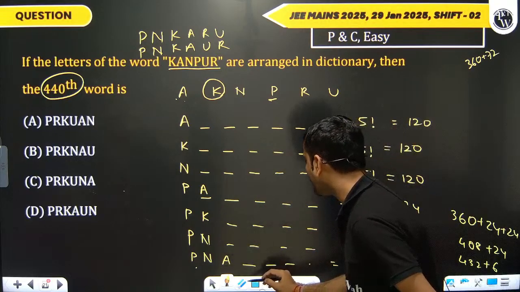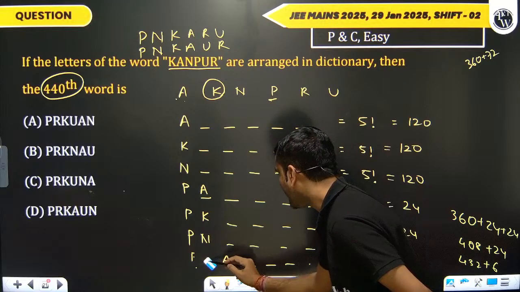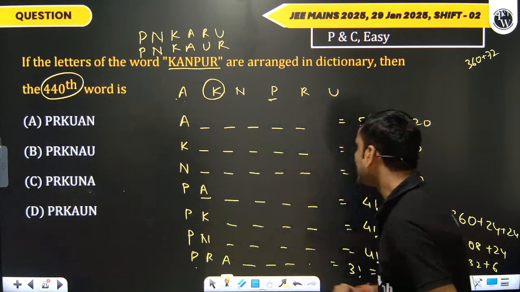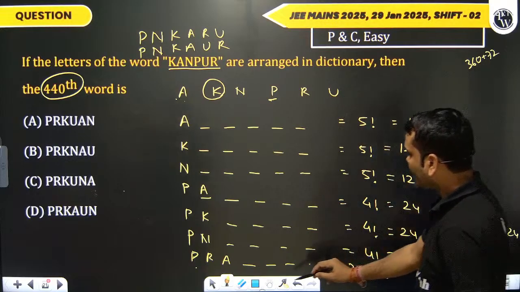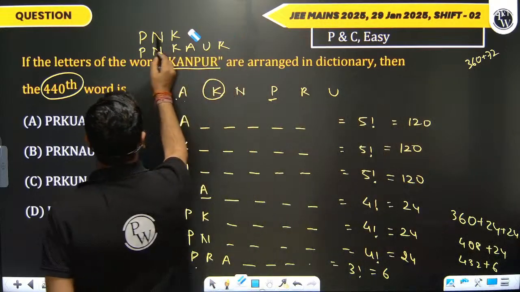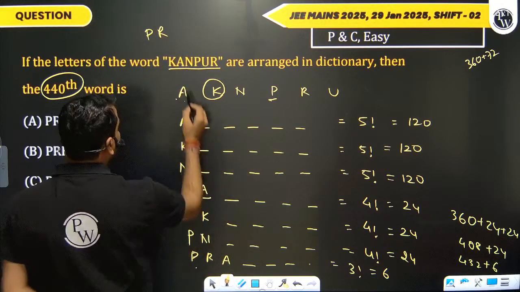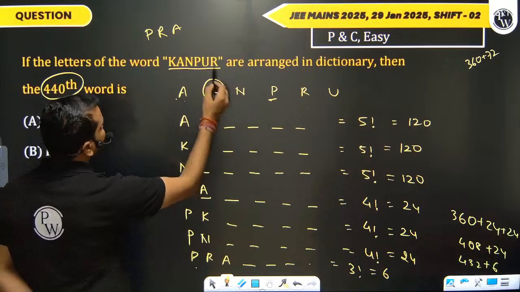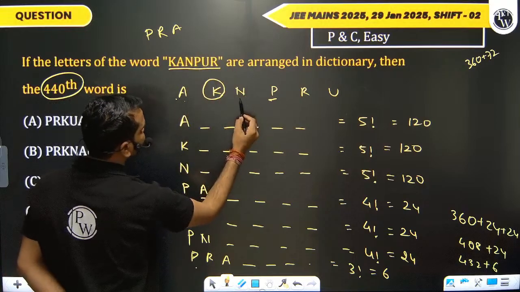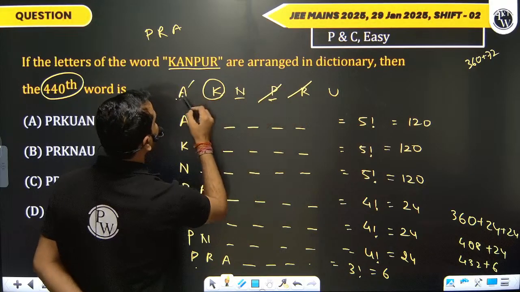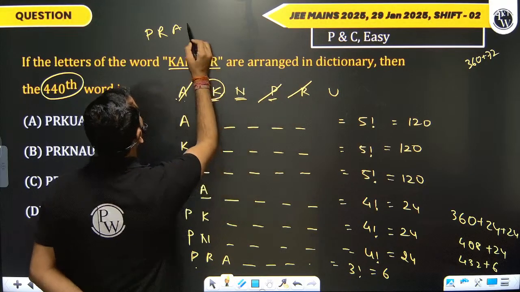Then R will start here. Okay, R will start here. Sorry. So R will start here. Then the next. So R is already consumed. So it will be P, R, A. And then the next three will be N, P is gone, R is gone, A is gone. So K, N, U.